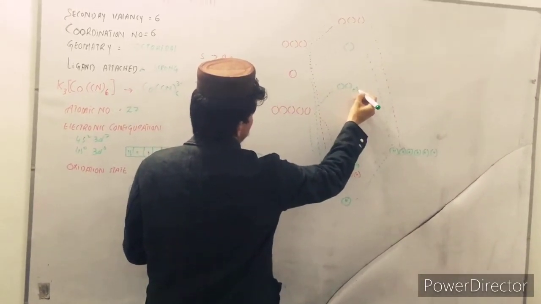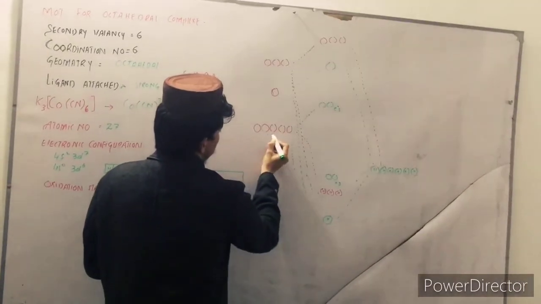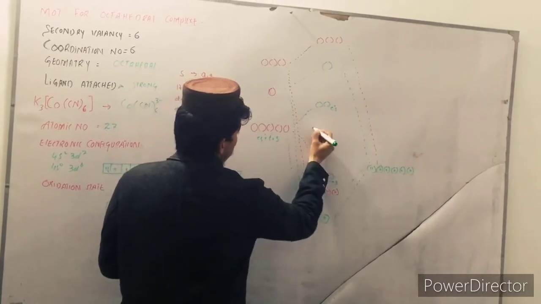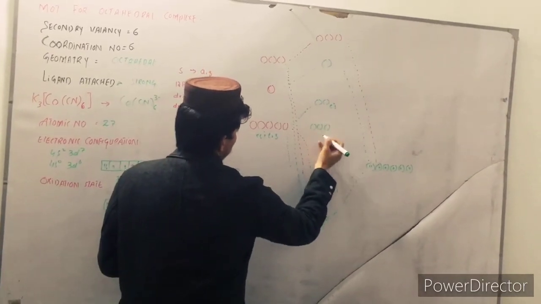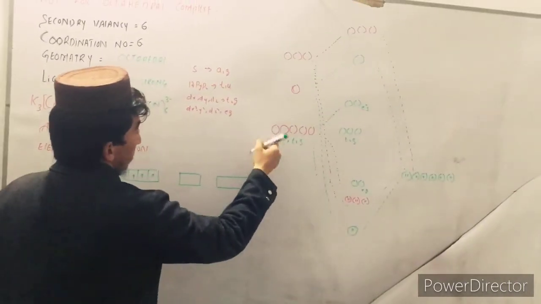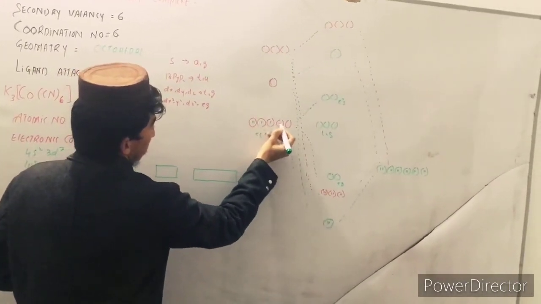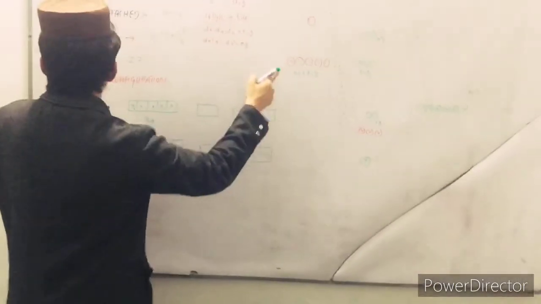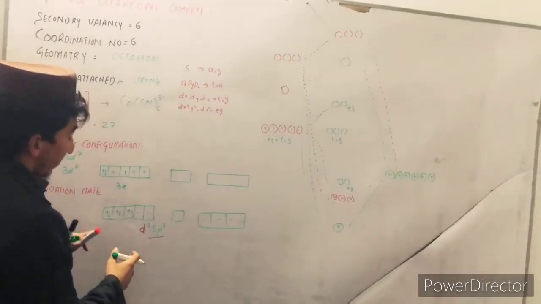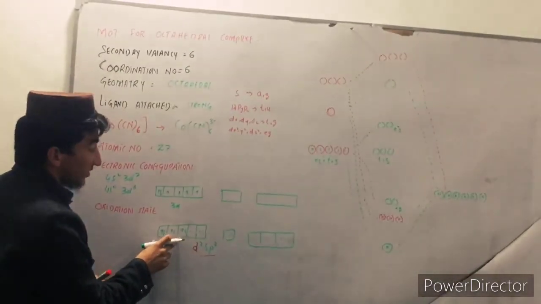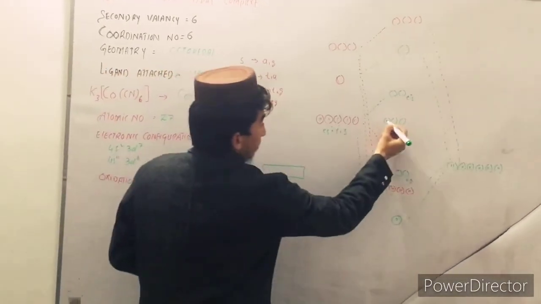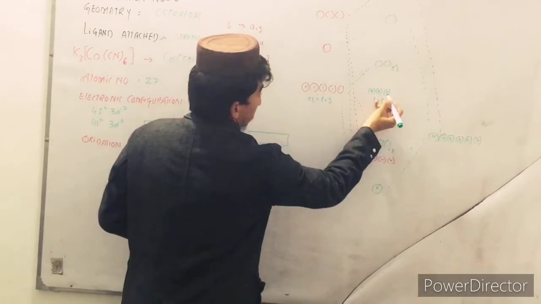These are E star g, and there are 3 remaining, which are T2g. These 3 will remain non-bonding. So as you can see, the electrons over here are 6: 1, 2, 3, 4, 5, 6. This is the configuration. After pairing, we got all the electrons in t2g because the cyano will cause the pairing. So you can get all 6 electrons over here.